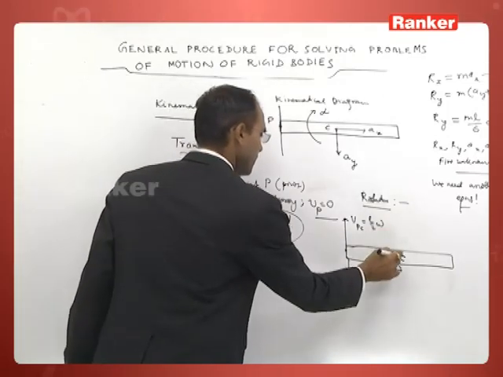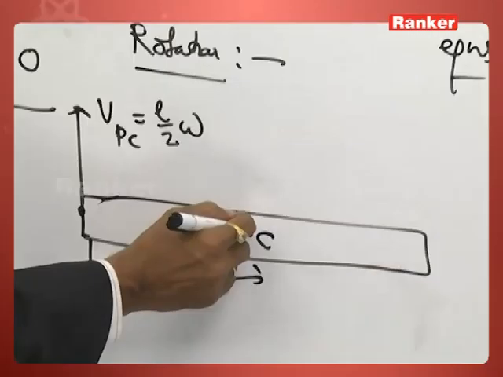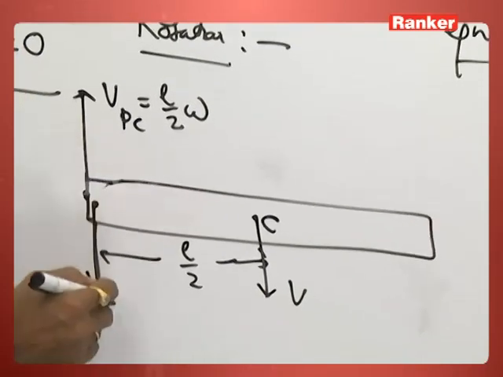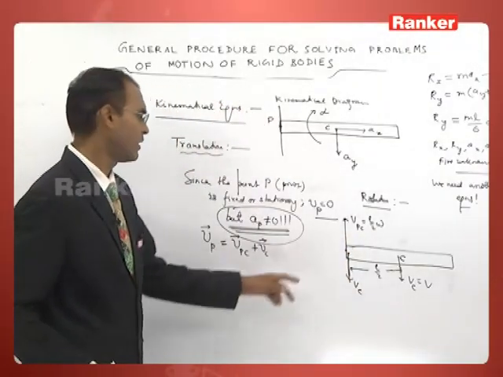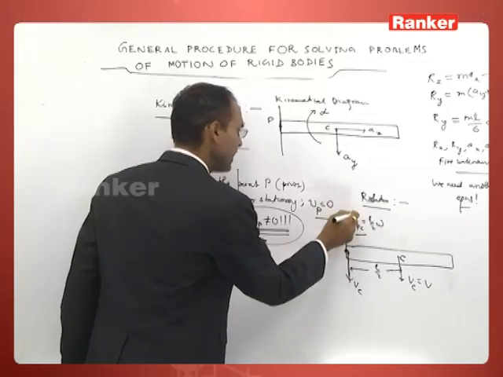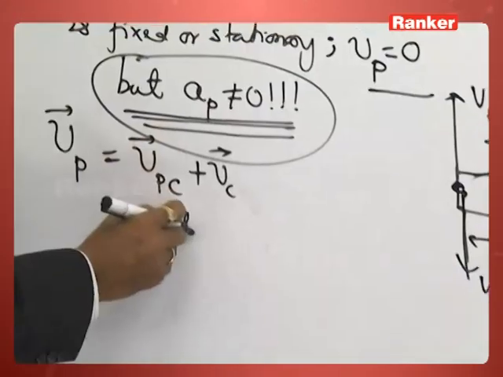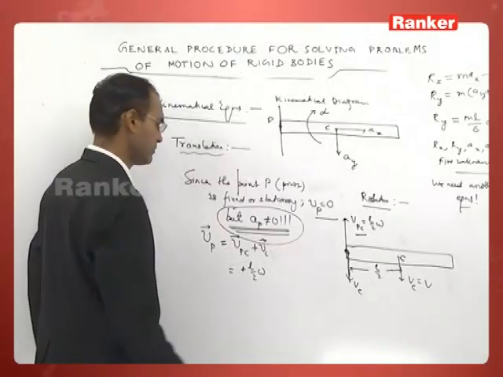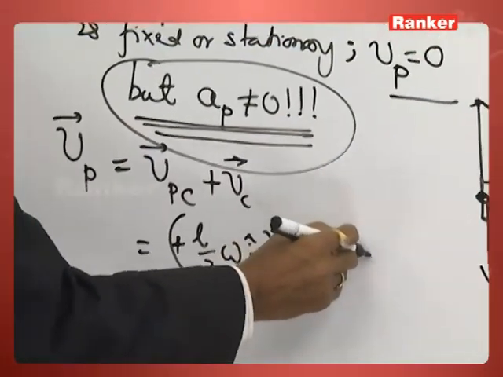And if we assume that center of mass moves down, bring the velocity of center of mass to this point. So when you bring the tails of these two vectors to a point, VPC and VC are oppositely directed. Therefore, we can write this as plus L by 2 into omega j, plus VC is minus V j.